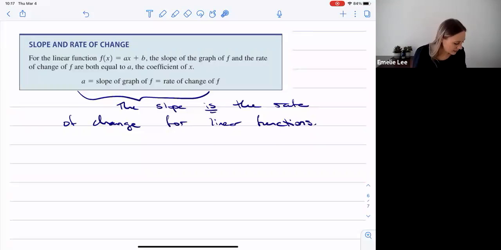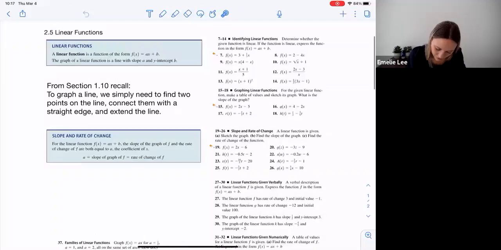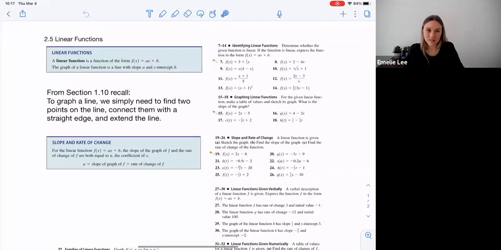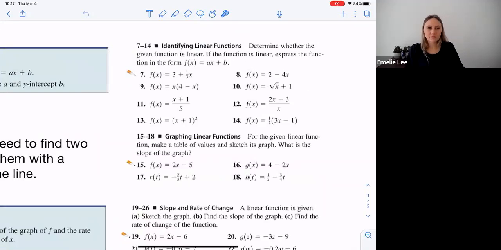So let's see here. There are lots of different problems here, which I'm actually going to skip because we already did it very recently, so we don't need to do it again. But determine whether the given function is linear, right?